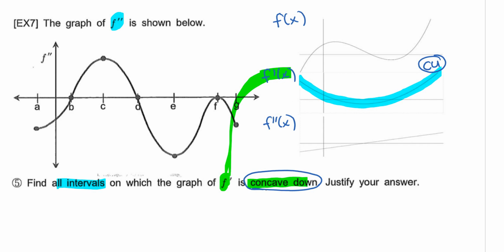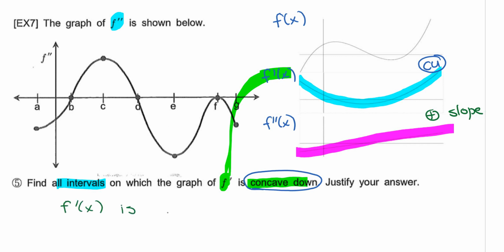Okay, sorry about that. I was kind of blabbing on there, but if the first derivative is concave up, that generally means that the second derivative has a positive slope. Okay, so let's think about that. So if f prime of x is concave up, CU, then f double prime of x has a positive slope.